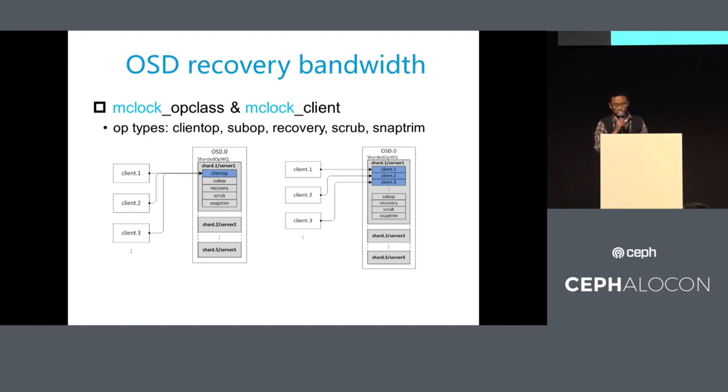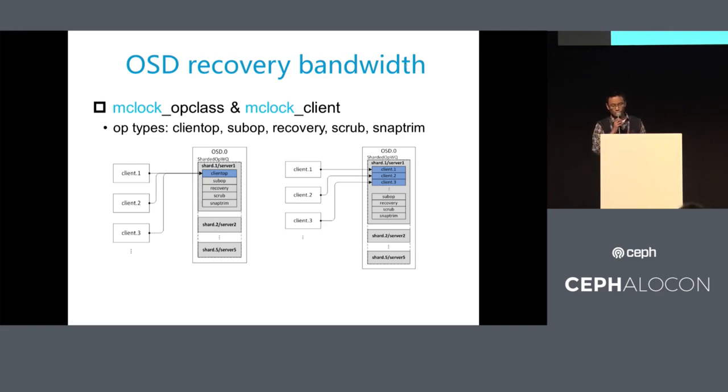Based on the dmClock bandwidth, we now try to implement the per-OSD recovery bandwidth control. Firstly, let's see the original mClock OP class and the mClock client queue. The OPs have been divided into 5 types: client OP, sub-OP, recover, and scrub and snap trim.